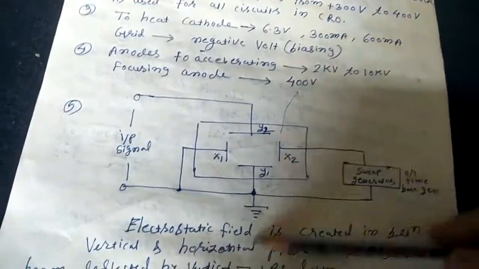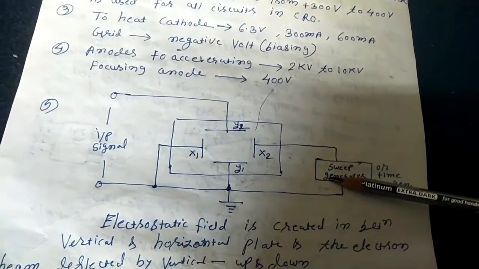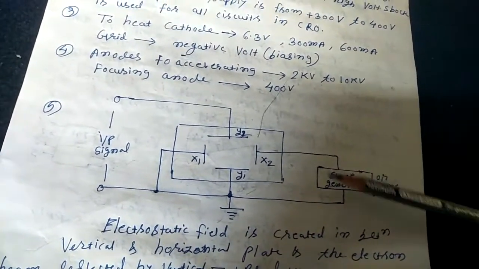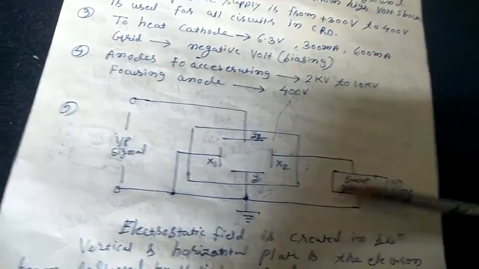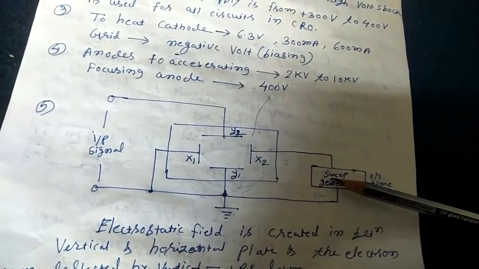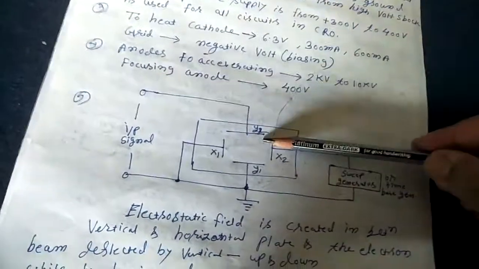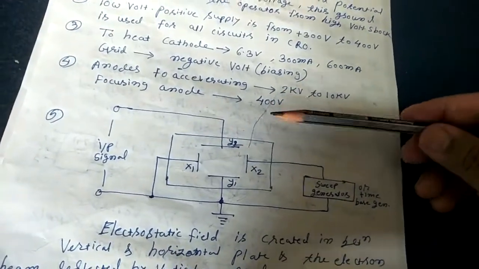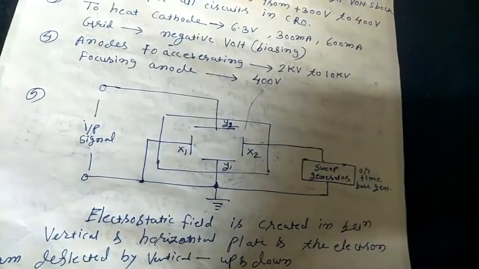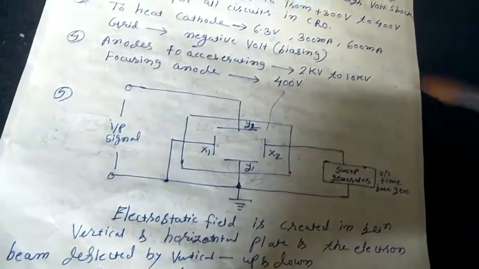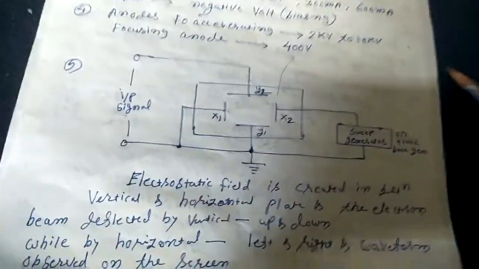The sweep generator voltage applied to X1 and X2 is a sawtooth waveform. The input signal, which comes externally and is the unknown signal to be displayed on the screen, is applied to the vertical deflecting plates Y1 and Y2.